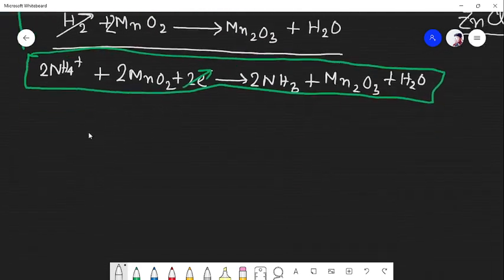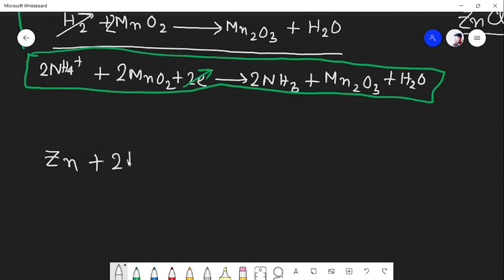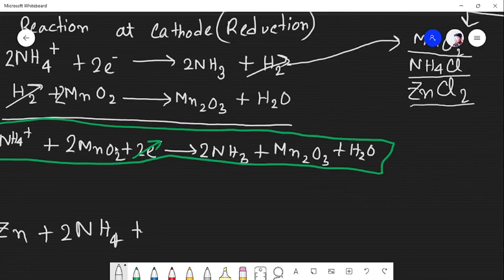First, zinc plus 2 NH4 plus, plus MnO2, and the electrons cancel out, so we don't need to write them.